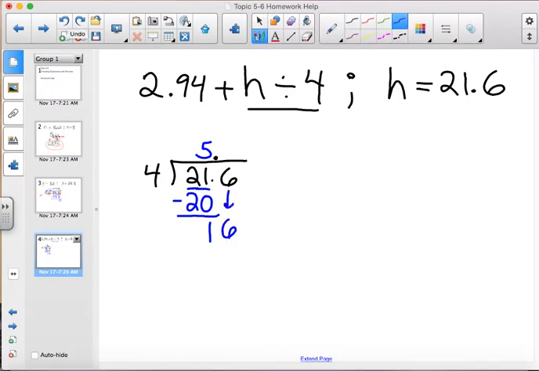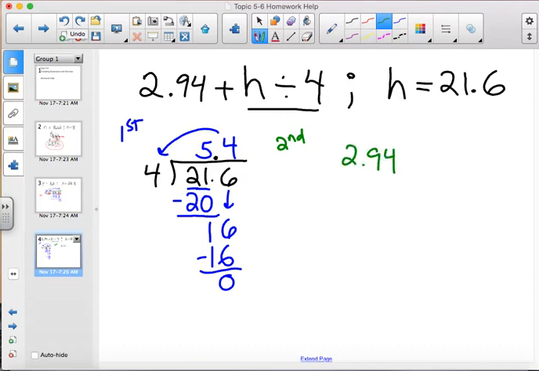4 into 16 will go 4 times. 4 times 4 is 16. Subtracting, you have a terminating decimal. That's the first step. Now the second step is to do the addition. We have to take 2 and 94 hundredths, and we're going to add 5 and 4 tenths.